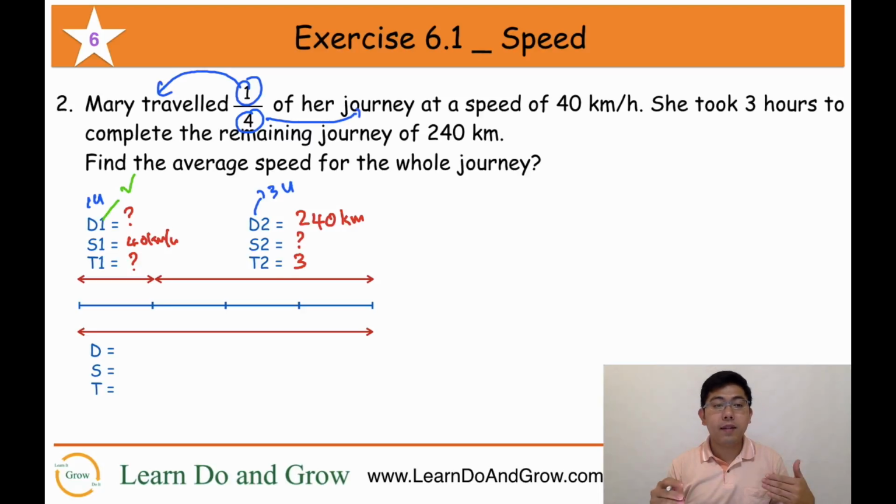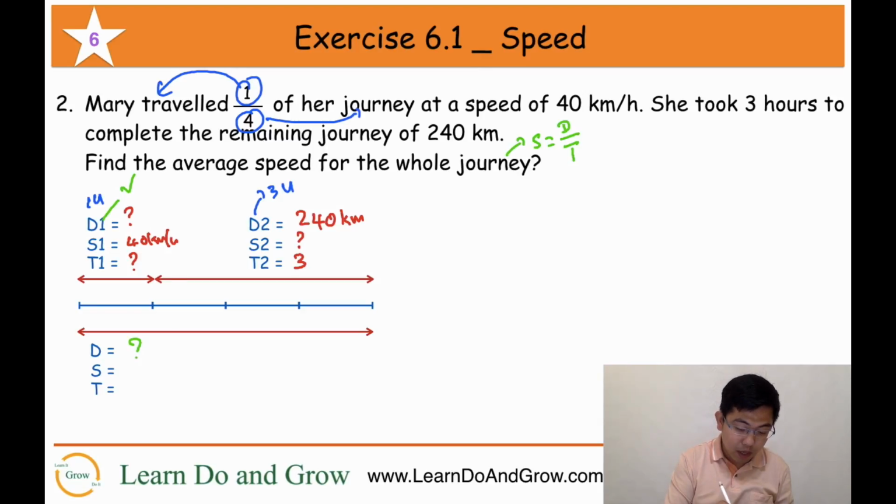Why do we want to find that? Remember what I wrote just now: S equals D over T. How do I find the total distance over here? The only thing that I can think of right now is D equals D1 plus D2.